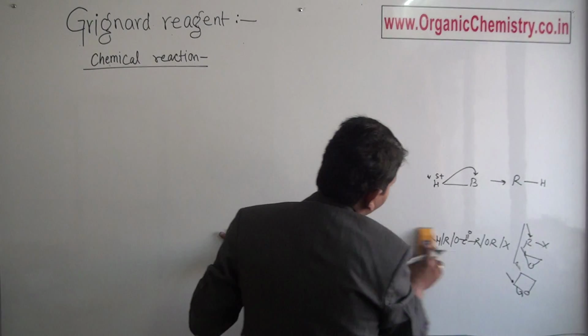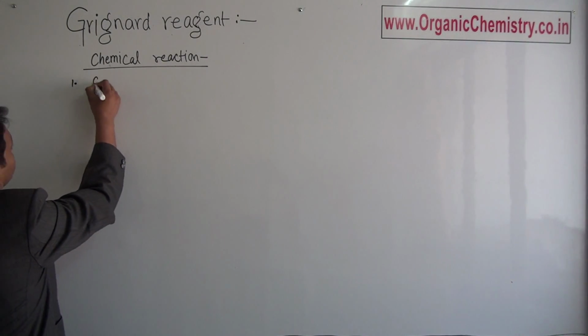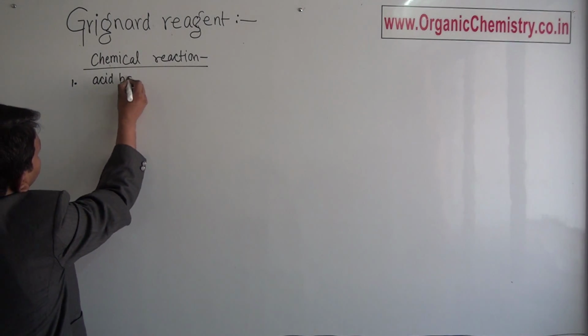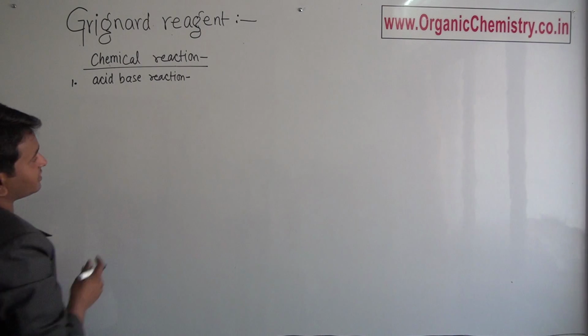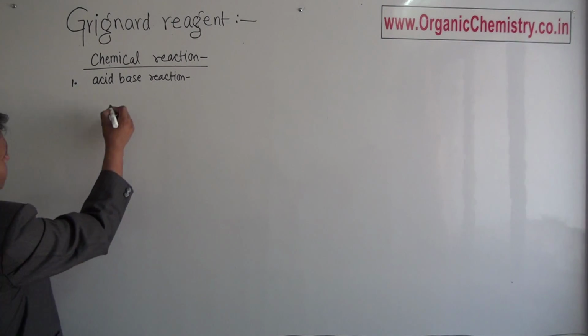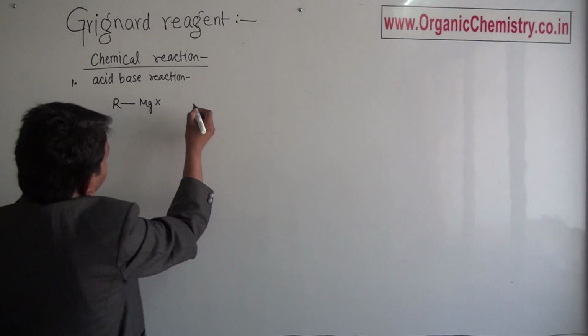What are the reactions of Grignard reagent? First, acid base reaction. This is our RMgX.